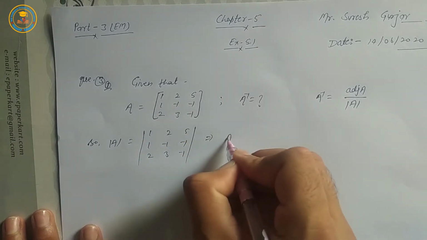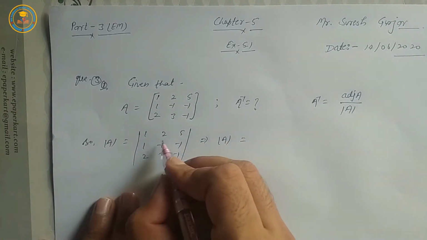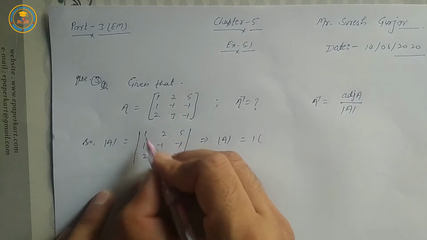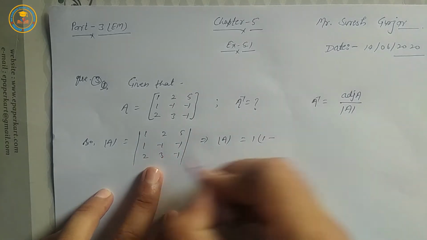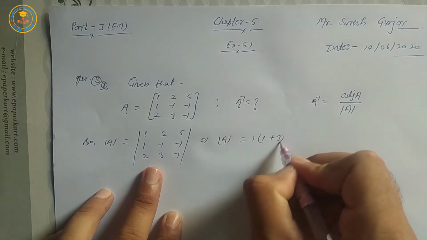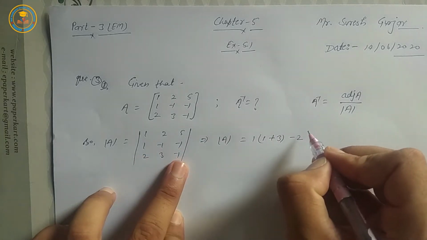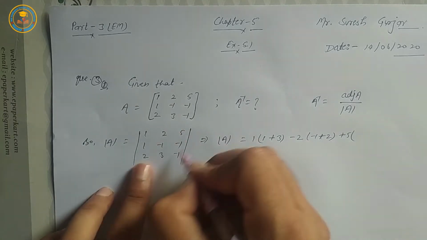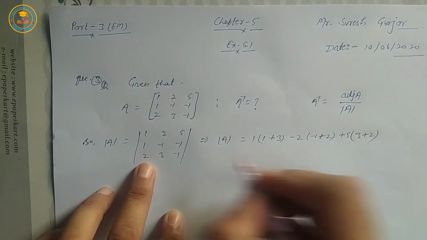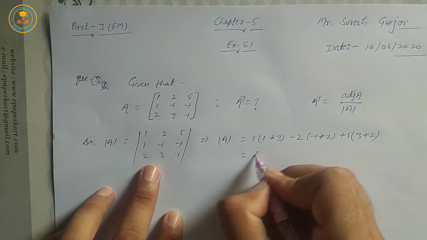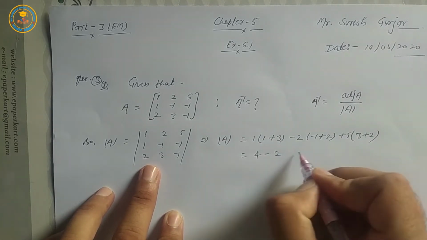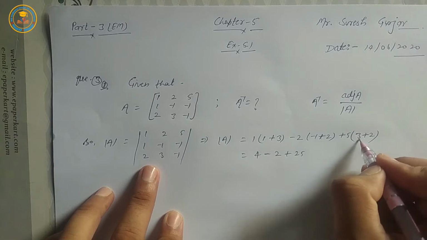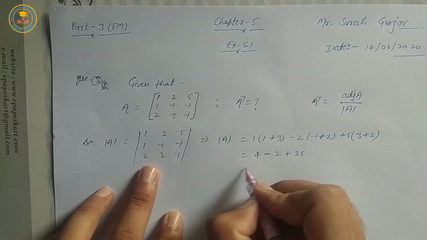Implies determinant A equal to, on expanding along R1, 1 times, leaving the corresponding row and column of element 1, minus 1 into minus 1 minus minus 3, it means plus 3, minus 2 times minus 1 minus 2 into 1, minus 1 plus 2, plus 5 times 3 plus 2, okay, is equal to 3 plus 1, 4, minus 2 plus 10, 25.